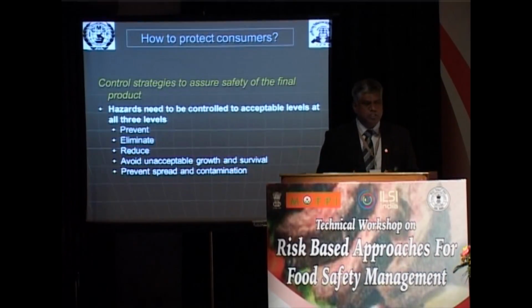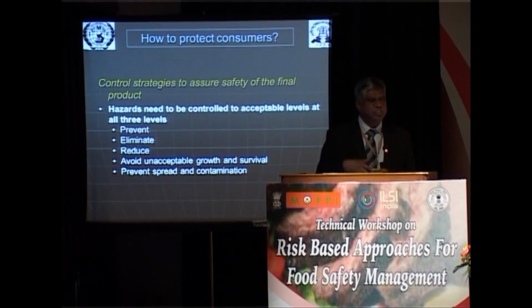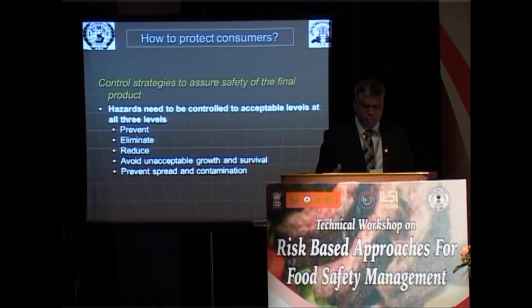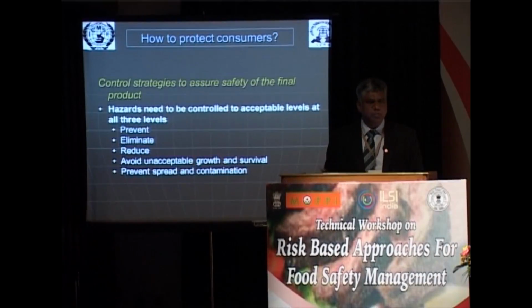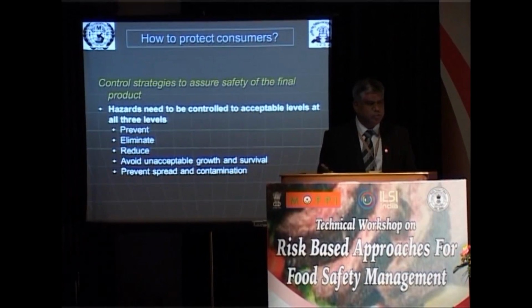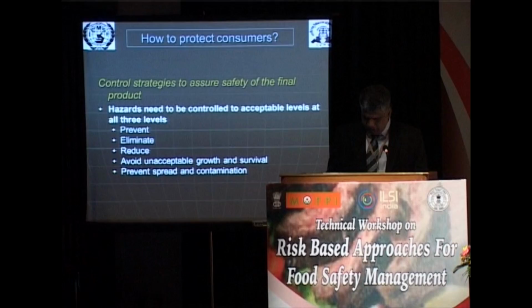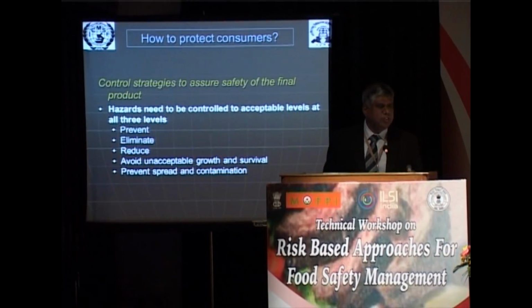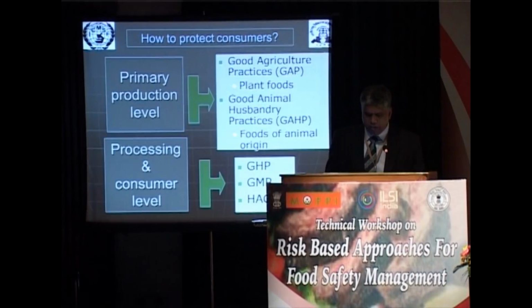If that is not possible, then if there is a contamination, try to eliminate it. If that step is also not possible, then reduce it to an acceptable level. After reduction, avoid growth or survival of the pathogen to an unacceptable level, and then prevent further contamination or spread of pathogens.